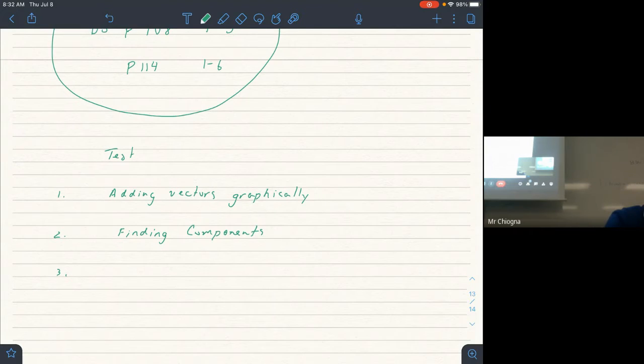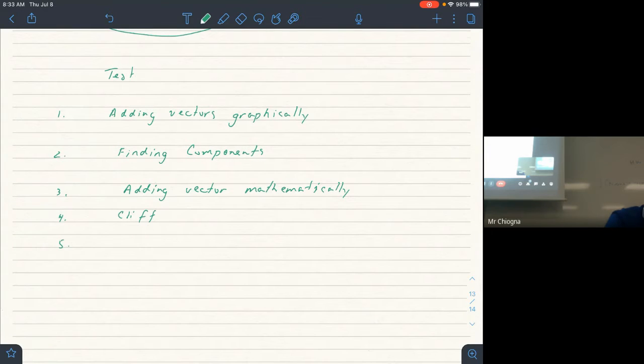Adding vectors mathematically. Then the cliff problem, and the at an angle problem, so throwing at an angle.